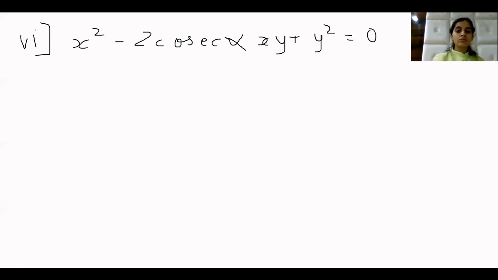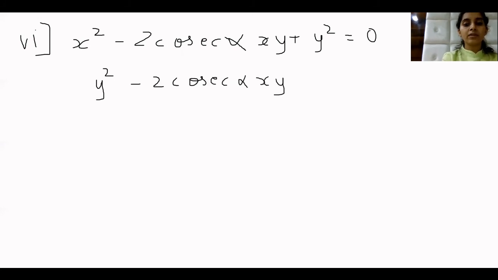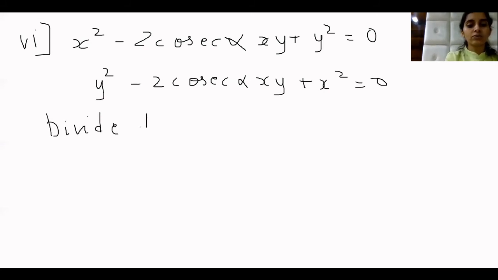So what do we have to do here? Factorize again, okay, but now we know quadratic factorization, so we'll convert it into a quadratic. I'm writing this as y square minus 2 cosec alpha xy plus x square equal to 0, and I divide it throughout by x square.